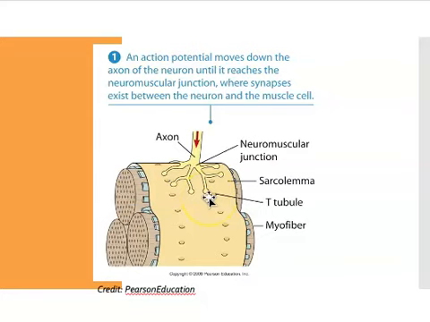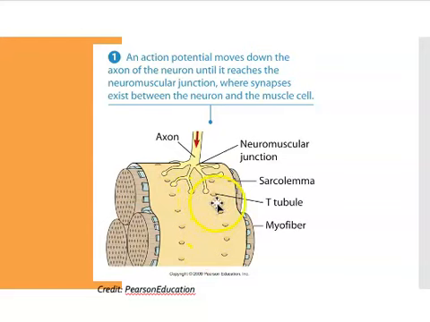And a synapse is the communication point between a neuron and another cell. So the point where the final branch of that axon comes in contact with the sarcolemma, that synapse is called the neuromuscular junction.